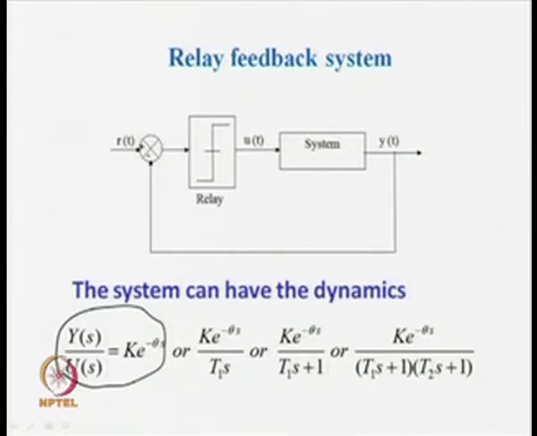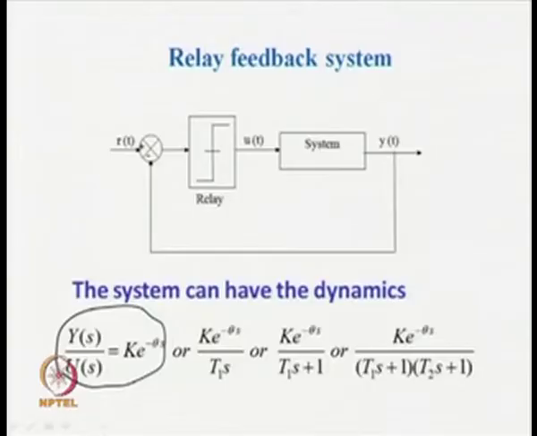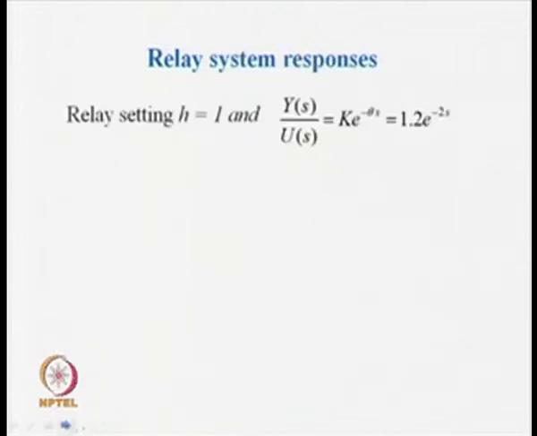Our system has a pure gain with some delay. Then that type of system, with the relay setting of h equal to 1, can be written as Y(s)/U(s) equal to K e^(-θs), equal to 1.2 e^(-2s), when K equals 1.2 and θ equals 2 seconds.